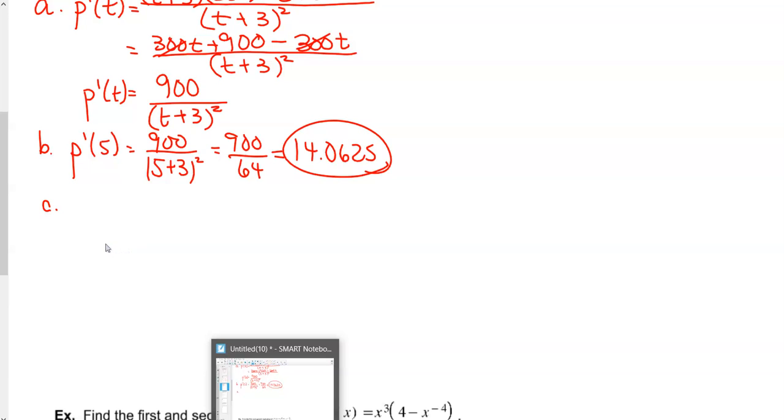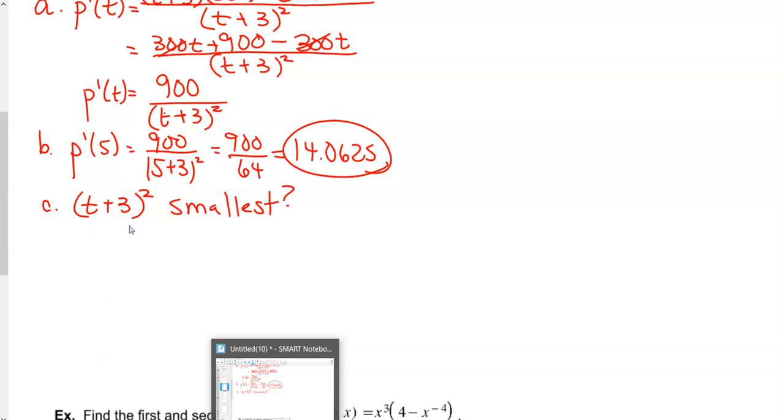They want you to logically remind yourself that this is my growth rate, and in order for this to be the highest, since it is a fraction, then that means that this has to be the smallest. So anytime that this grows, that makes my ultimate number go smaller. So if I can find out when (t plus 3) quantity squared is the smallest, then I would be able to determine the maximum value there.